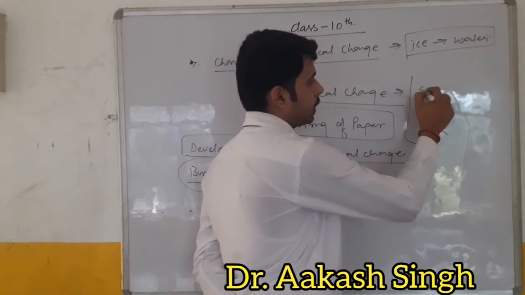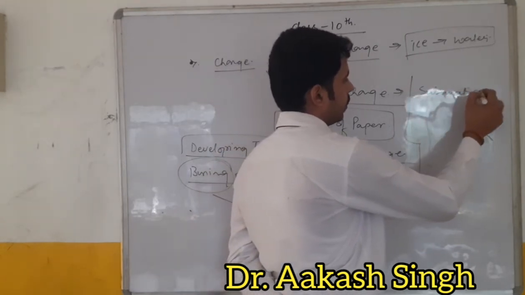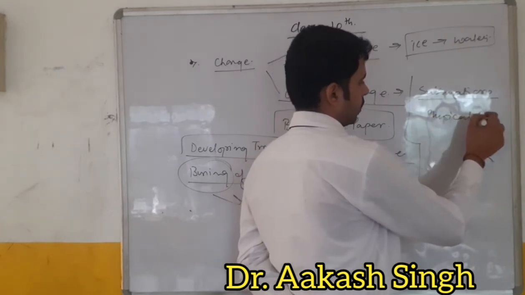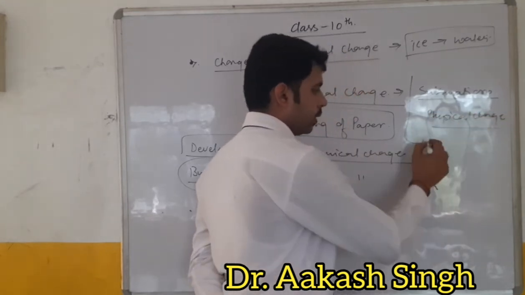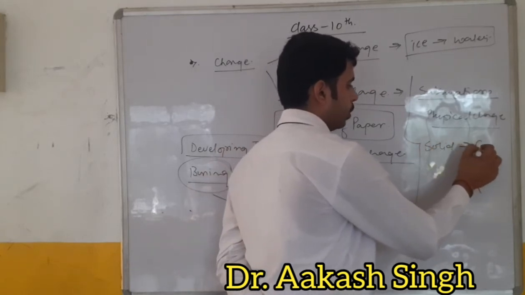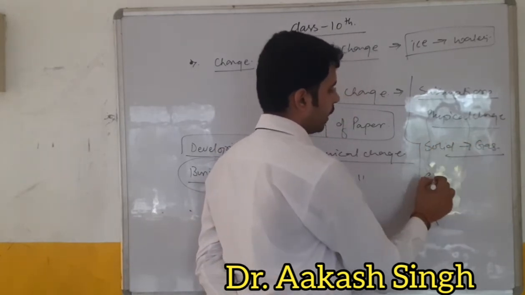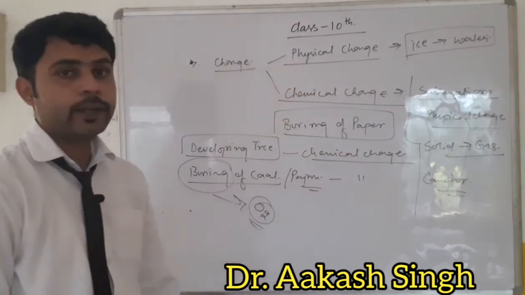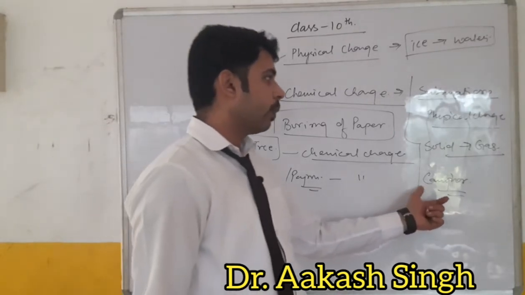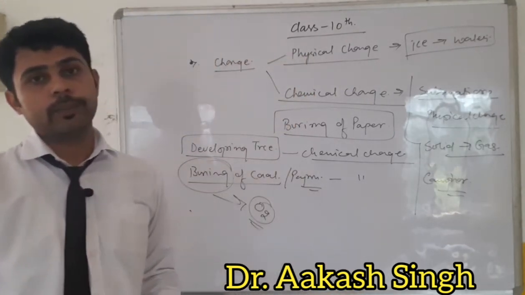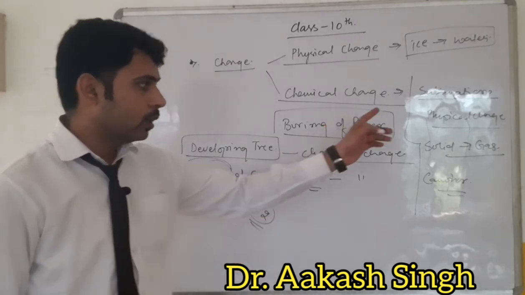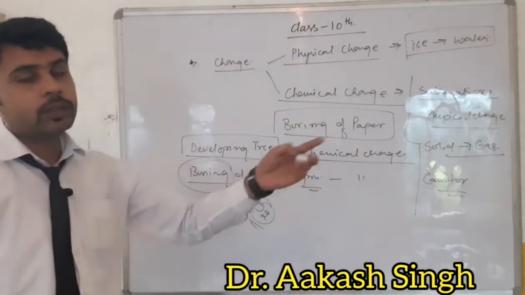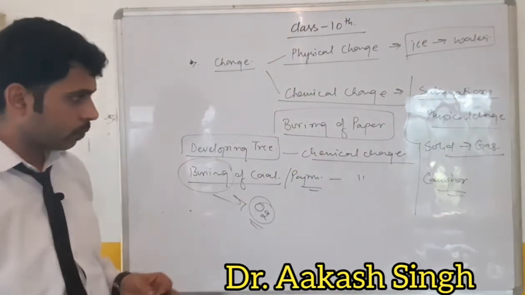But sublimation is a physical change. Sublimation means direct conversion of solid to gas, like in the case of camphor. It belongs to the category of physical change, because we can easily reverse this gaseous camphor and form the solid camphor again.